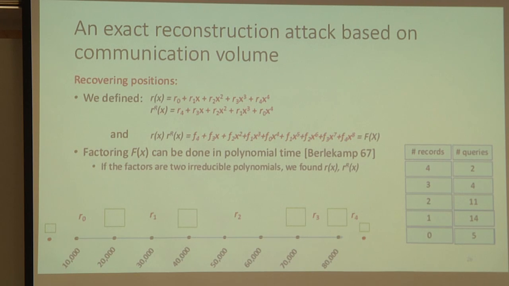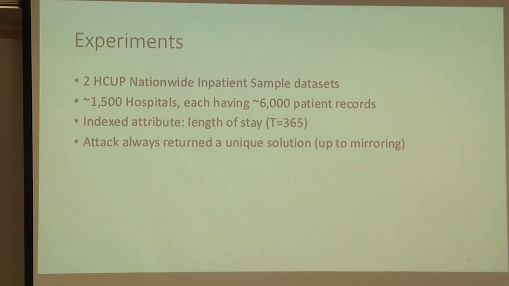In order to find out if this is true, we ran some experiments. We used 2 data sets from the HCUP Nationwide Inpatient Sample. Combined, we get 1,500 hospital data sets, each one having 6,000 patient records.